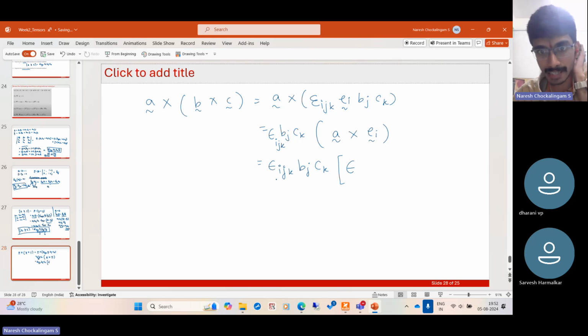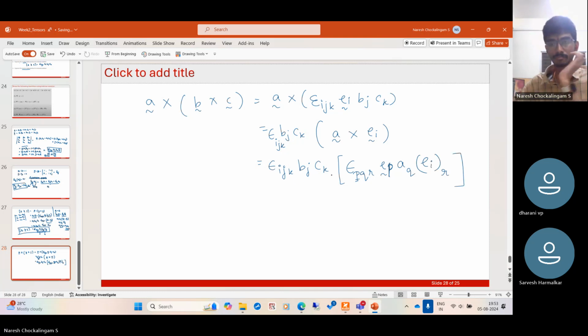I have already used i, j, and k, so let me use some other indices. p, q, r, ep, aq, sorry, not i, ep. So this has to coincide with the index of the basis vector, ep, aq. This is also a vector, ei, but whose rth component? So you are taking a basis vector, a generic basis vector ei, and you're looking at its rth component.